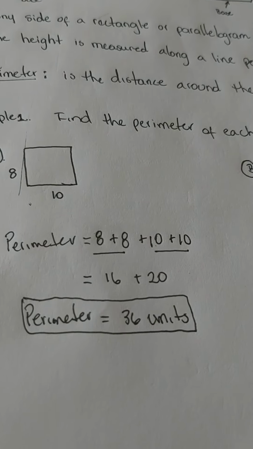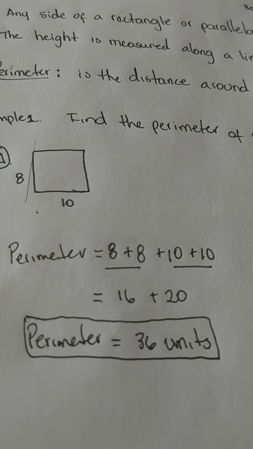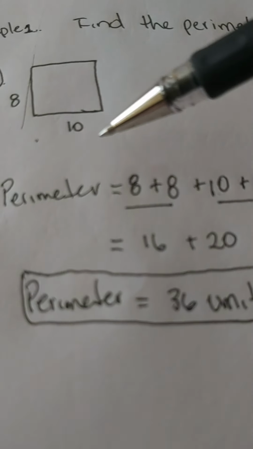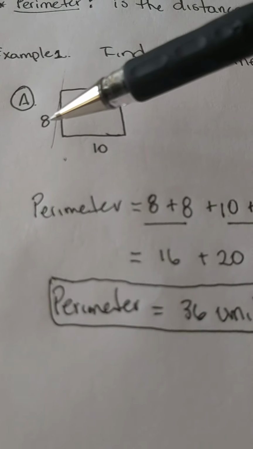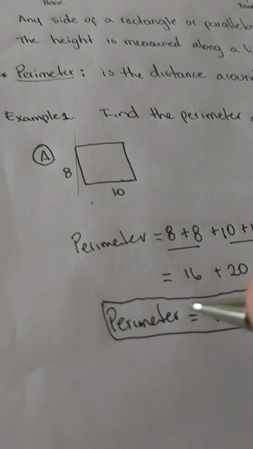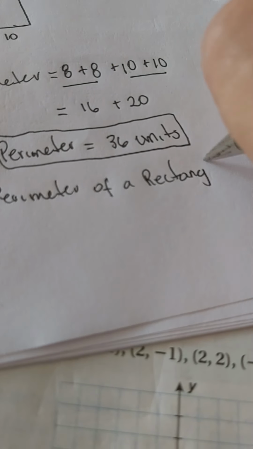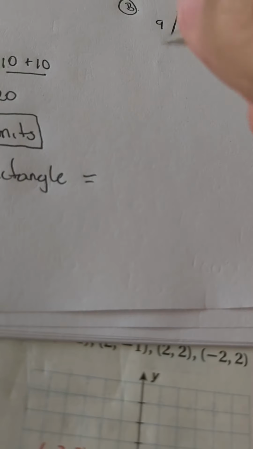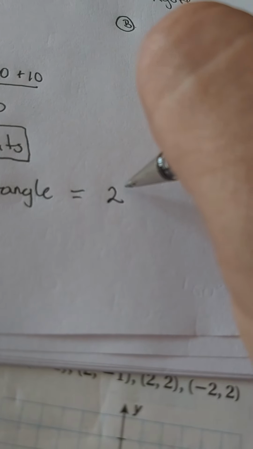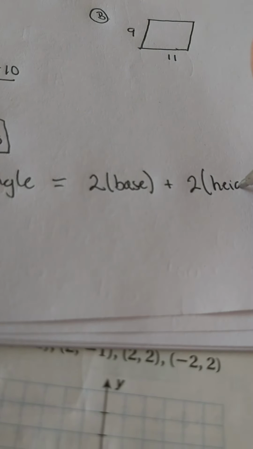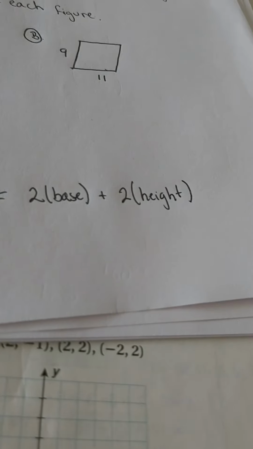Now, another way, using the definition for base and the definition for height in this rectangle. Notice 10 is the base, 8 is the height. For rectangles, the perimeter of a rectangle is 2 times the base plus 2 times the height. We can simplify.